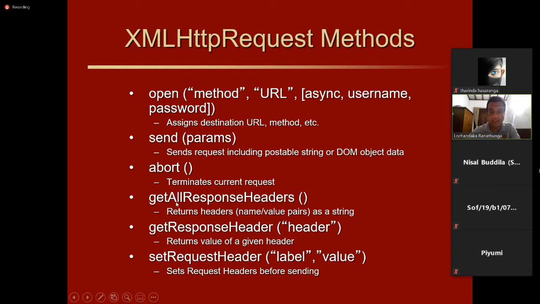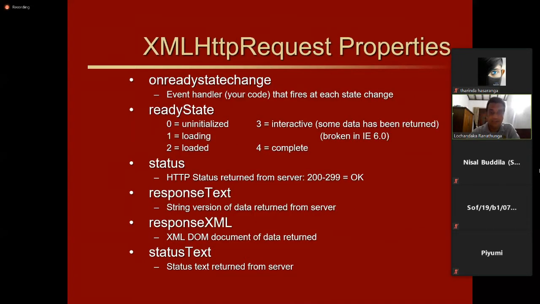And getAllResponseHeaders means that when the response is coming from the server, the header responses can be taken, or with getResponseHeader only a particular part of the header can be taken, or you can get the response text. We have worked with both responseText and responseXML.